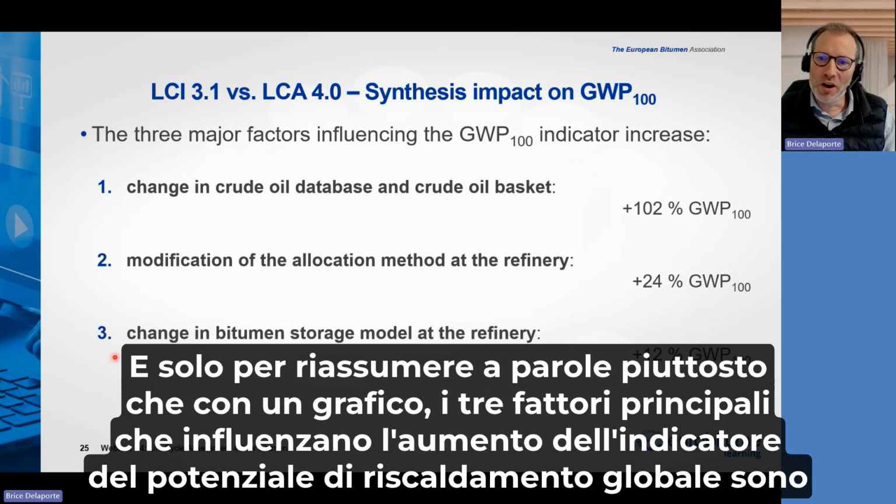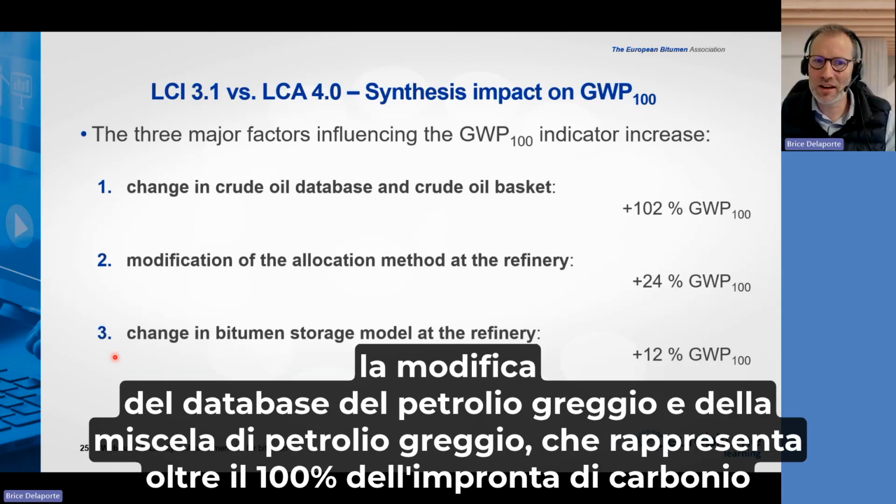And just to summarize with words rather than with a chart, the three major factors influencing the global warming potential indicator increase are the change in crude oil database and crude oil basket, which explains around plus 100% of the carbon footprint.